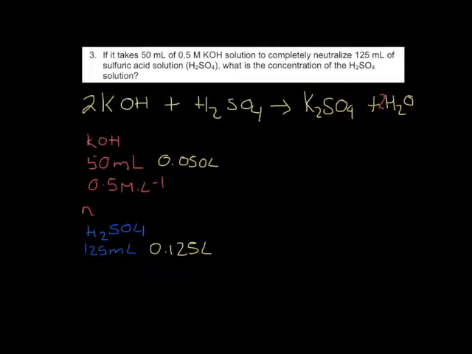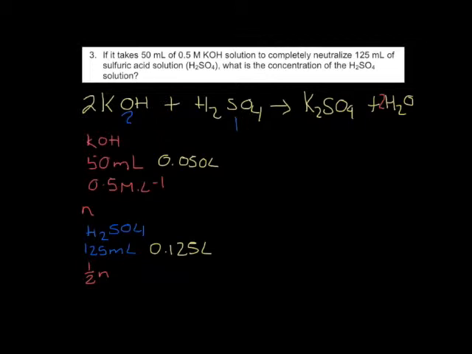So what I know is that I've actually got twice as many moles of the potassium hydroxide as I do for every sulfuric acid. So if I work out the number of moles here by doing the volume times the concentration, I'm going to have twice as many moles as I am going to have for the sulfate. So I'm going to write half n here just to remind myself.